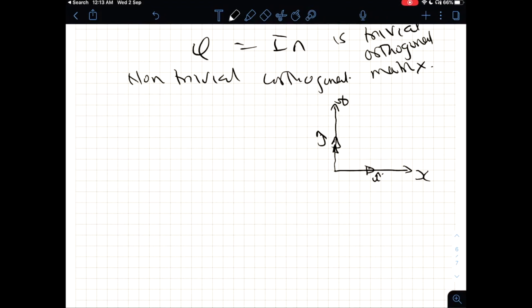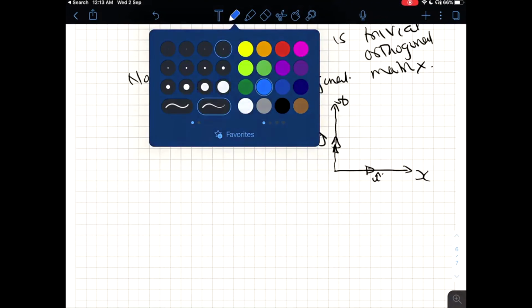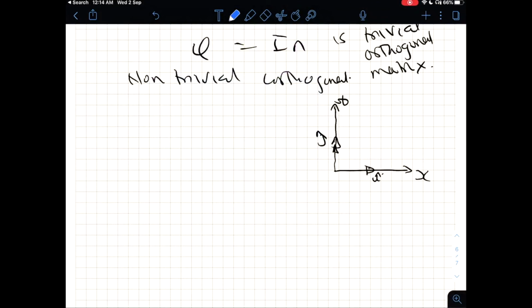All right, and now let me rotate it by an angle theta. So I'm going to rotate both of these by an angle theta. I hat and j hat are perpendicular to each other.